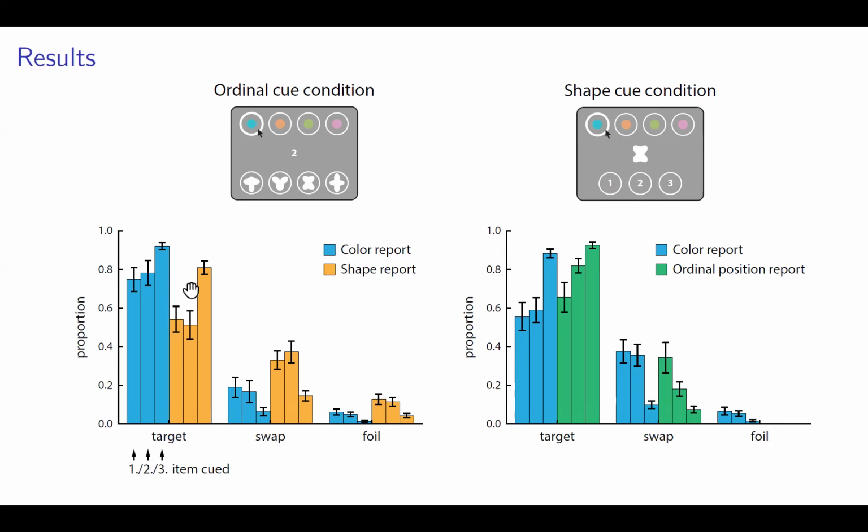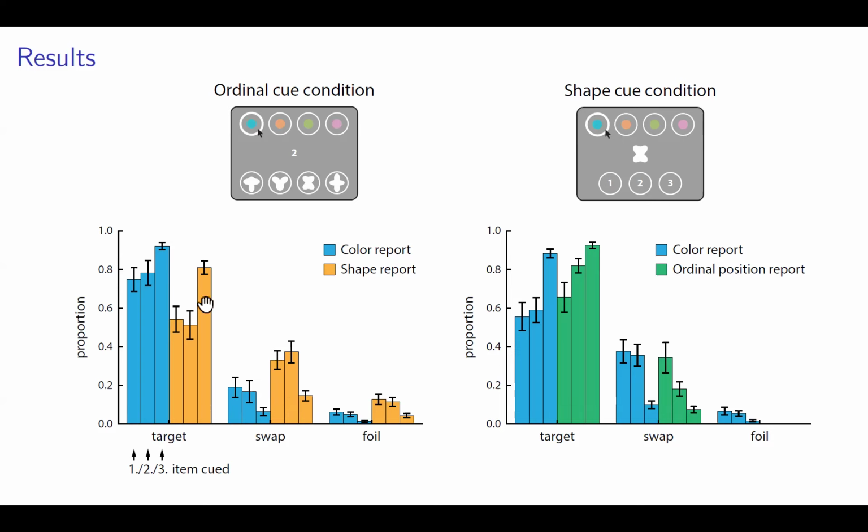Overall, performance was reasonably good. It was a bit better with the color report than the shape report. In general, we did find that if subjects made errors, it wasn't completely random. There were more swap errors than you would expect by chance compared to foils.